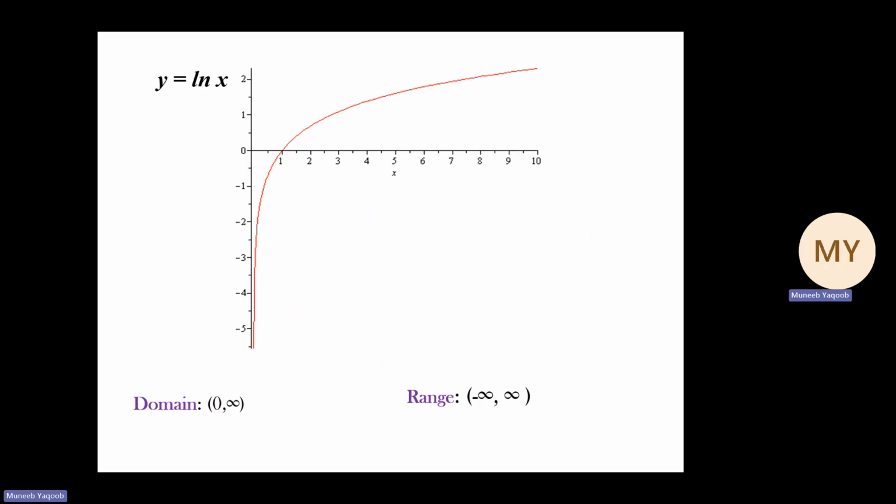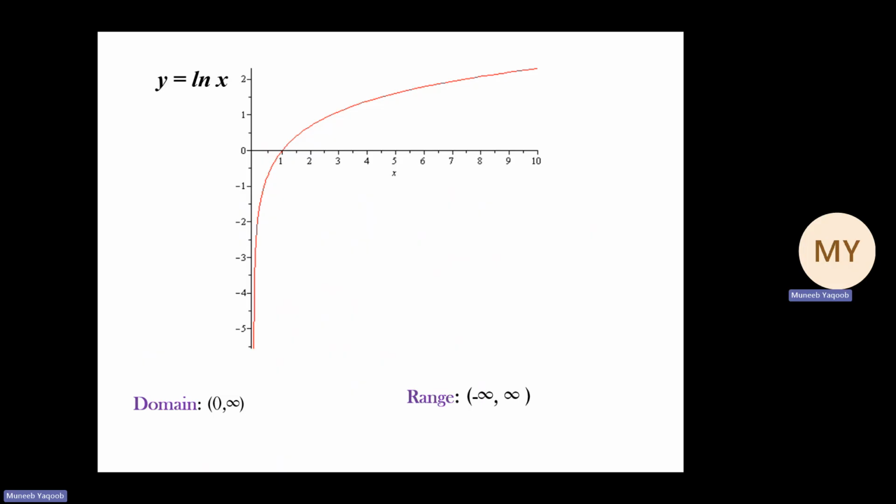Now you can see that in this graph, there is a restriction on x. x cannot be equal to 0, because at x equals 0, we get a negative infinity answer, which is an undefined answer. So we can't input the value of x as 0. Similarly, you can see that in the range, there is no restriction.